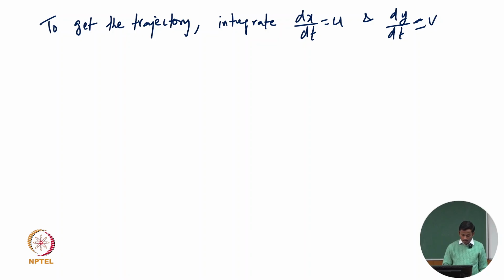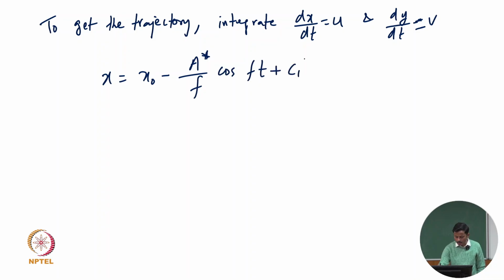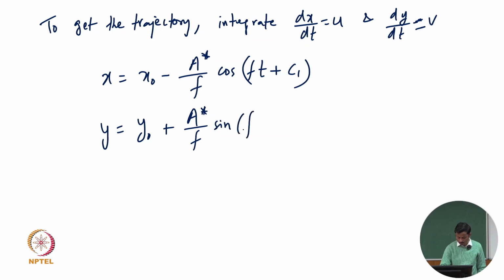Performing these two integrations, we get x equal to x naught minus a star by f cos ft plus c1, and y equal to y naught plus a star by f sin ft plus c1.